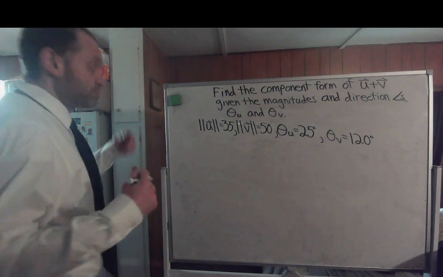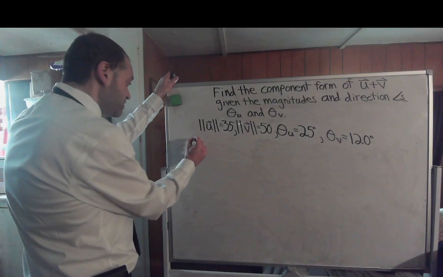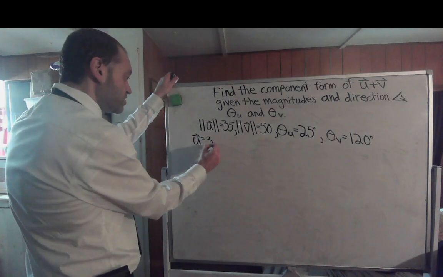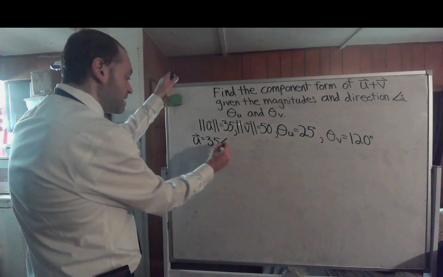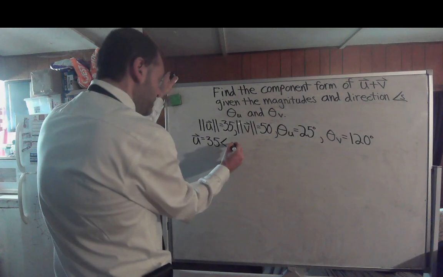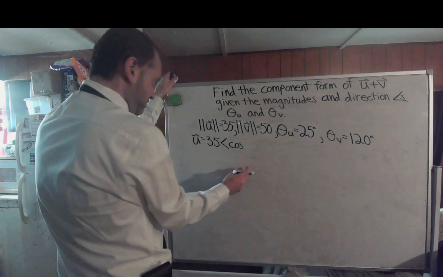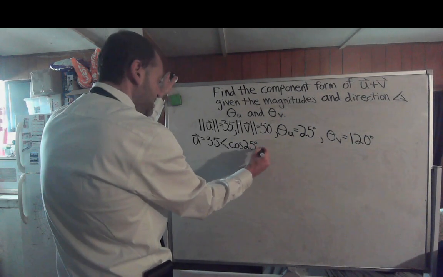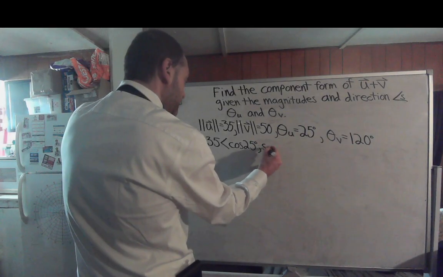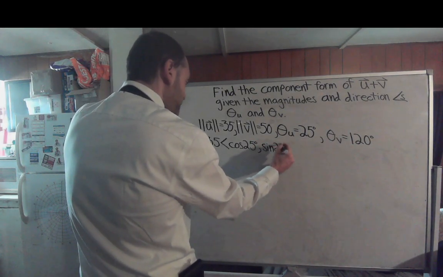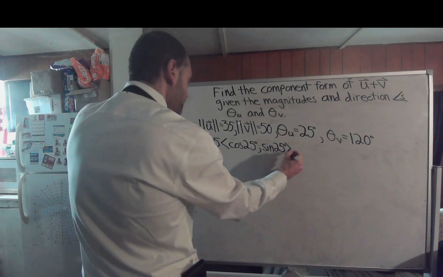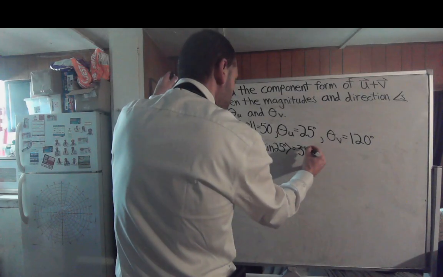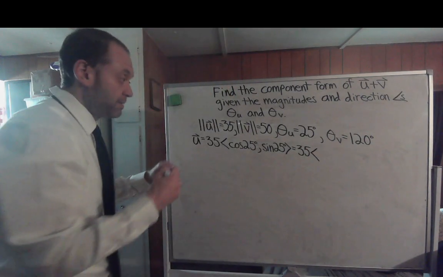So nonetheless, let's go ahead and proceed with finding each vector. So vector u equals that magnitude of u, which is 35, times the vector of the cosine of theta sub u, which is the cosine of 25 degrees, then the sine of 25 degrees. So that would be 35 times now whatever these are going to be.